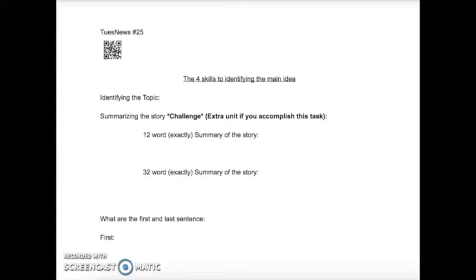Summarizing the story, new challenge, extra unit if you accomplish this task. I want you to summarize the story in 12 words, exactly. And then I want you to summarize the story in exactly 32 words. So be thinking about how you can really synthesize that information and maybe expand on it a little bit, maybe add to what might be important.